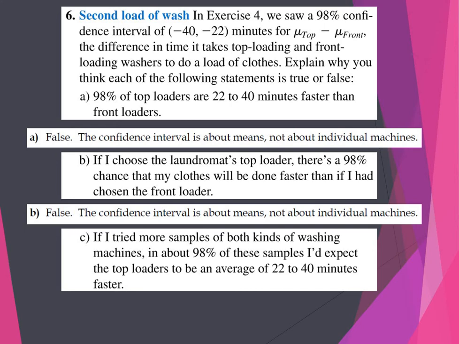Yeah, if I tried more samples. The idea that they're talking about more samples is the fact that they're doing a confidence level here. Confidence level says if repeated samples were taken, about percent of the resulting confidence intervals would contain the true population parameter. The only numbers in that are the confidence level, and it's a technical term for it.